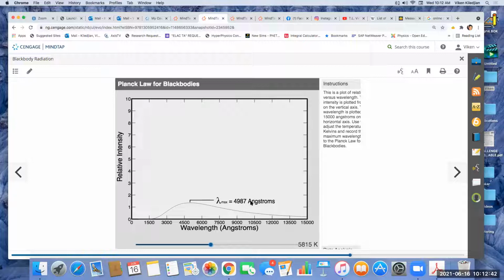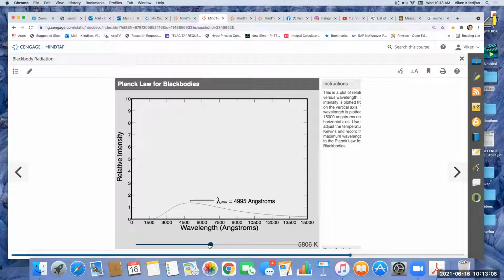Or if you want to change it to nanometers, you'll say 498.7 nanometers. So that's the peak wavelength of our sun, around 5,800 Kelvin. That's what our sun's blackbody radiation looks like.